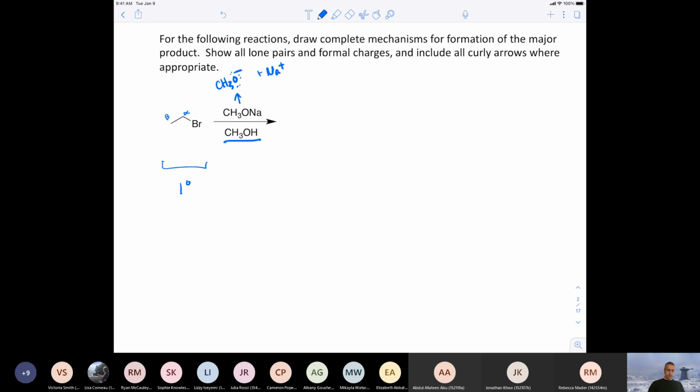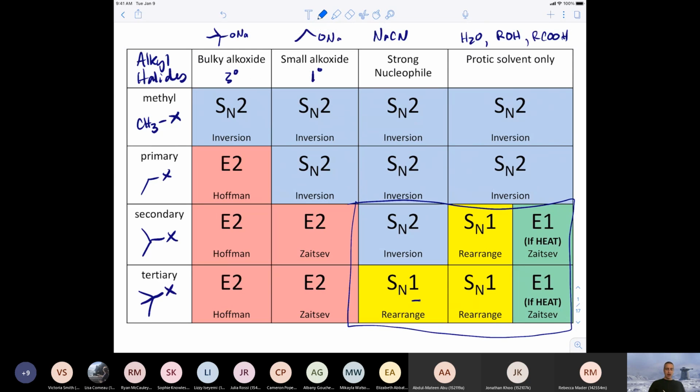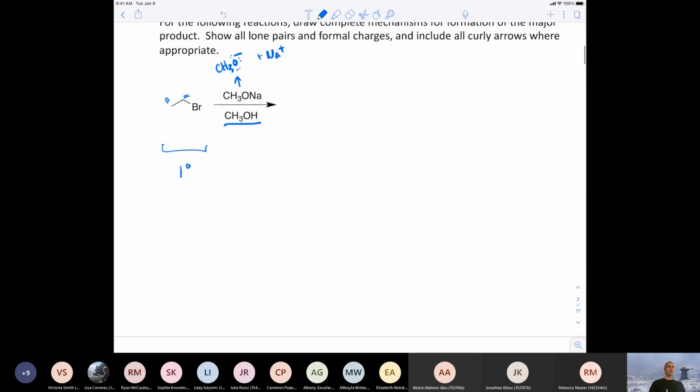But we also have this. If you look at our conditions previously, it looks like we have both a small alkoxide and a protic solvent. So then the question might be, which column do I look at? Well, if that happens, always look at the column for the one that's more active. You want to look at the one with a small alkoxide. Small alkoxides almost always come in a protic solvent, the protic solvent the alkoxide came from.